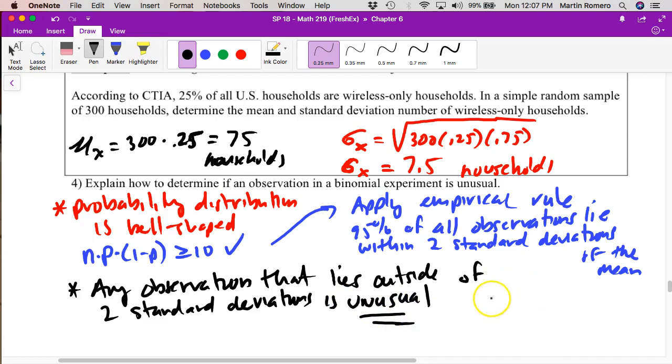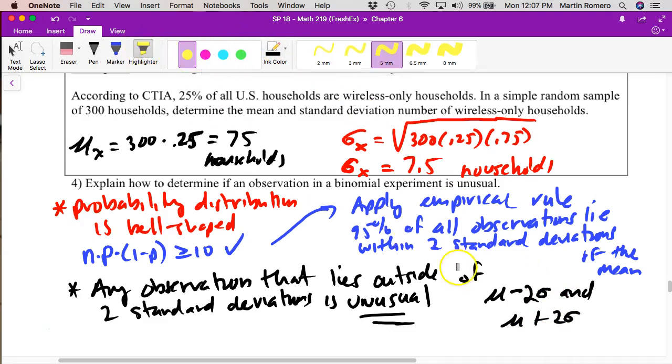The boundaries for that are the mean minus 2 standard deviations and the mean plus 2 standard deviations. Those become the interval, the values that we end up checking right there.